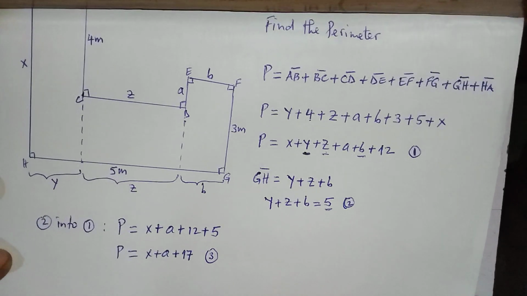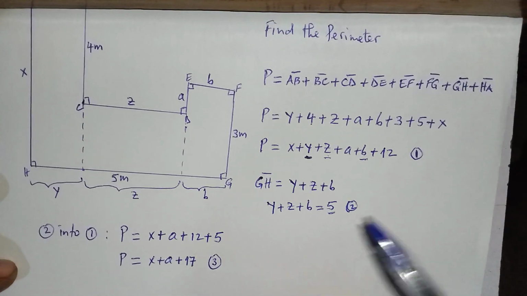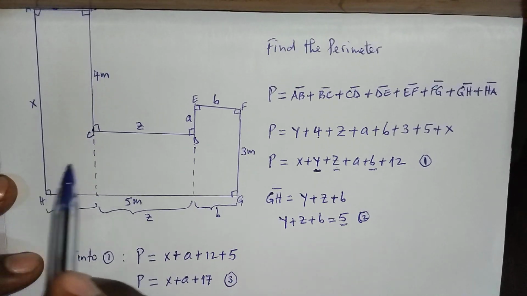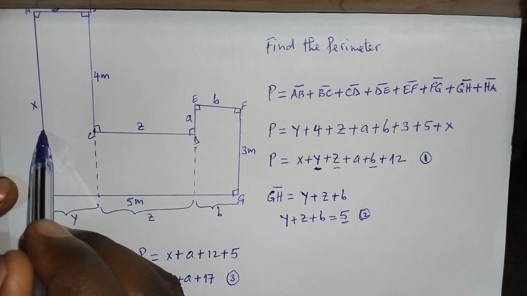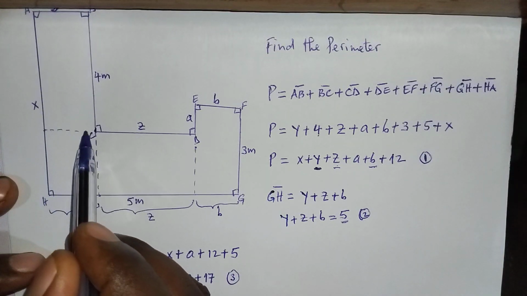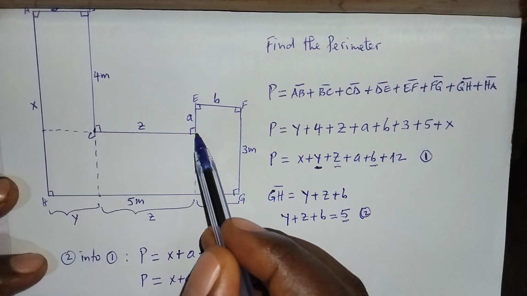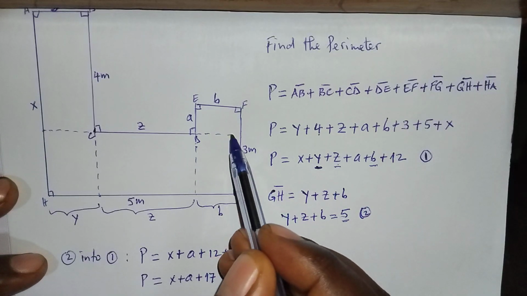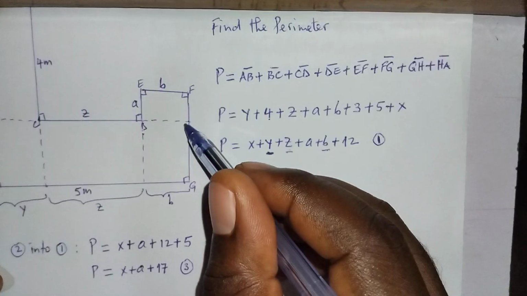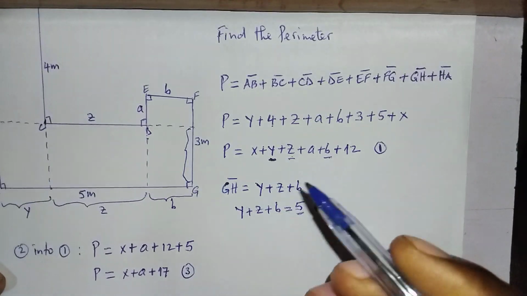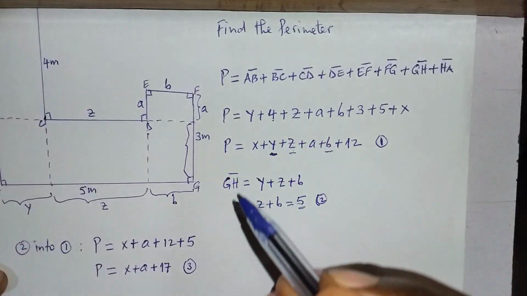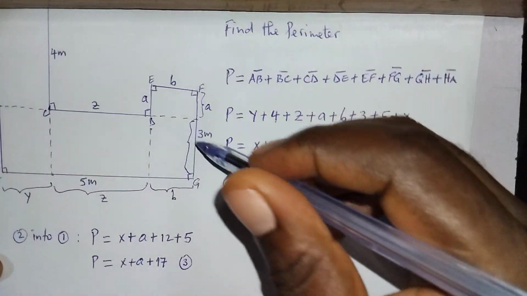Now see that we can trace this line like this and like this. Yes, so this side is a, and this one is 3 minus a.